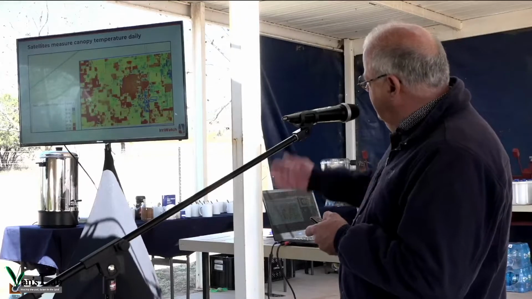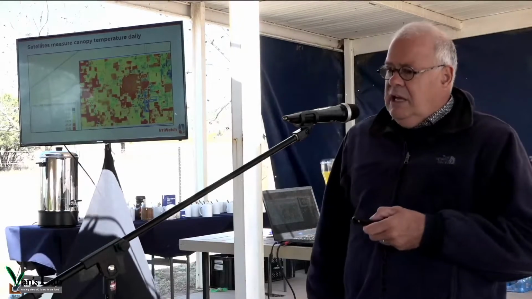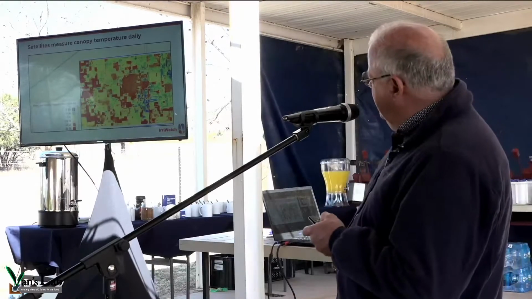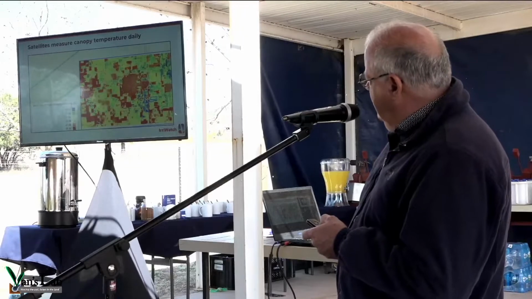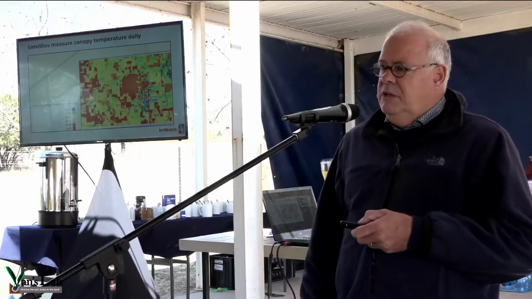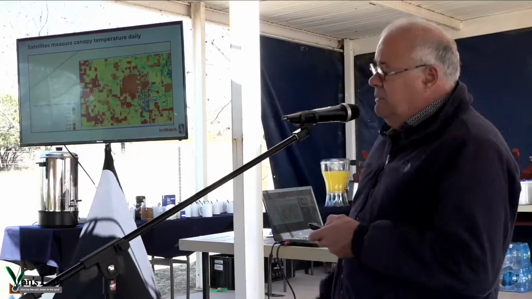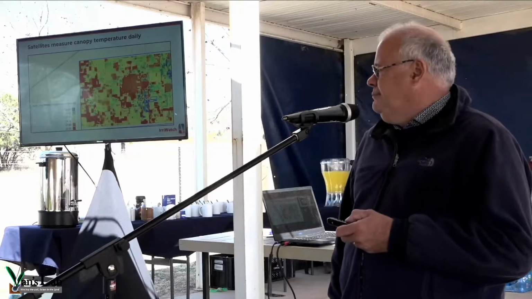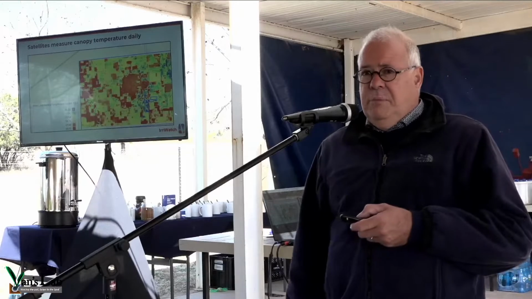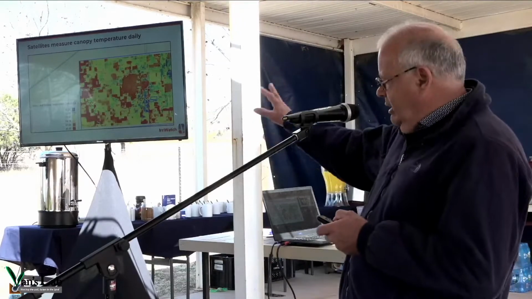And this is an example. I don't know whether you can see on the screen, but we have here these pixels of 10 meter by 10 meter. And these are very small fields, even fields of half a hectare. So these are smallholder farms, in this case in India. But we make these maps every day for South Africa. So if you really want to know what happens inside your crops, inside your orchards, inside your citrus, then really measure the temperatures.